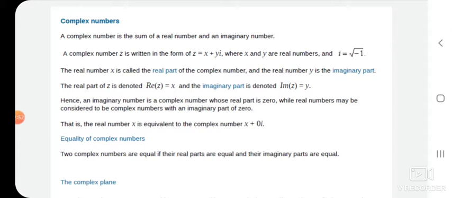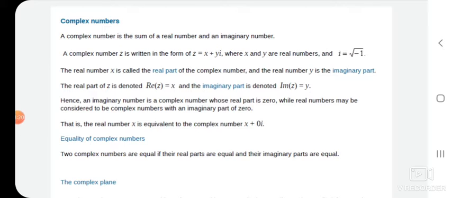The real number x is called the real part of the complex number and the real number y is the imaginary part of that complex number. The real part of z is represented by Re z, which is equal to x, and the imaginary part is denoted by Im z, which is equal to y.